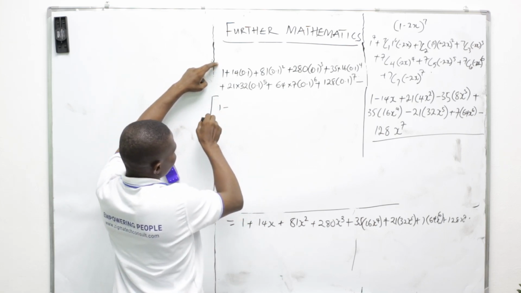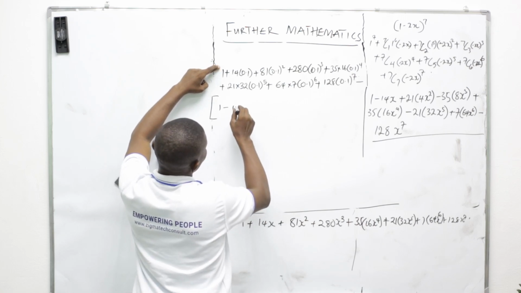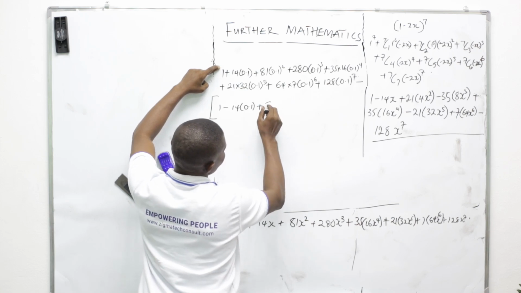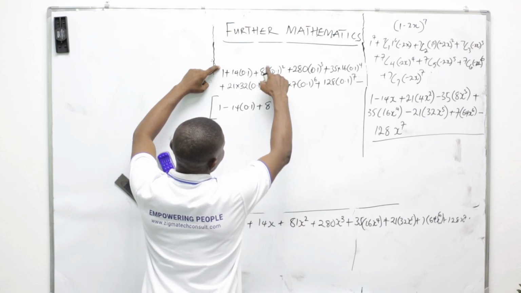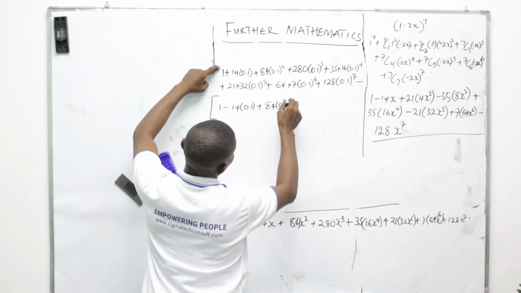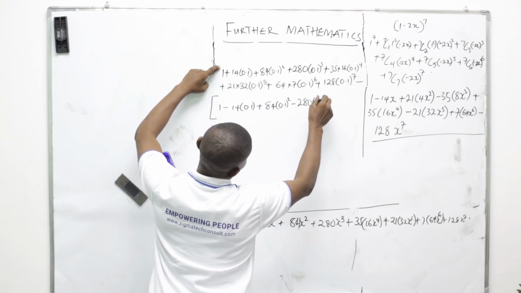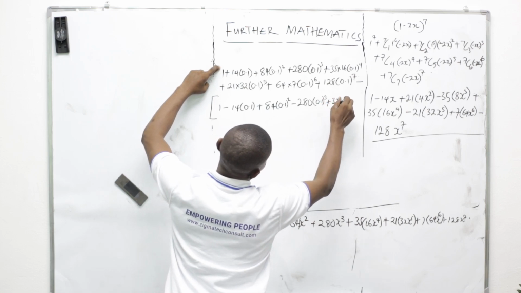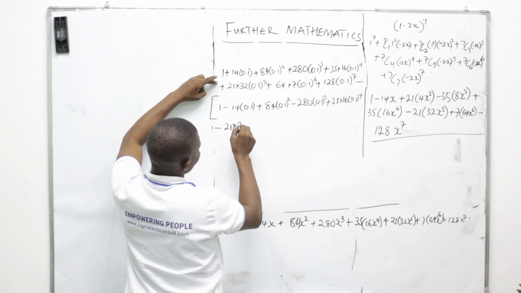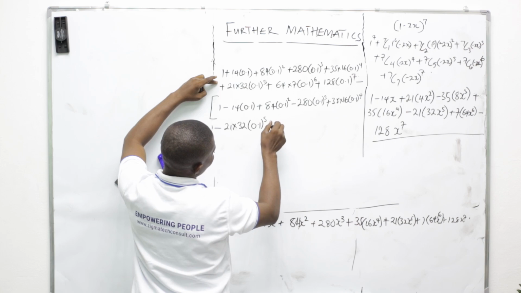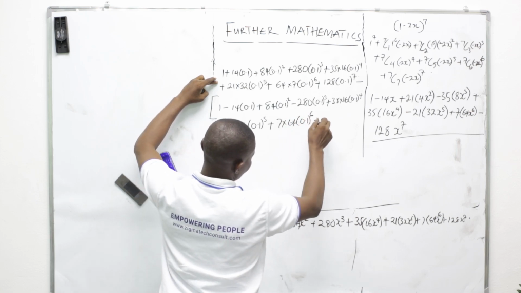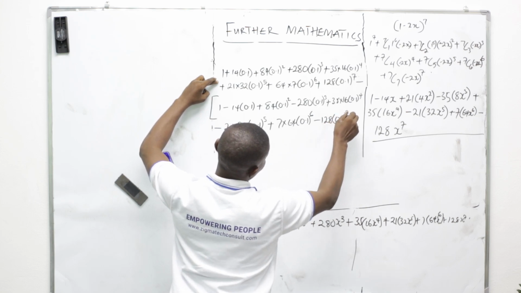1 minus, I put brackets to differentiate, 1 minus 14 into 0.1 plus 21 into 4 here, 84, sorry, 84 into 0.1 all squared, minus 280 into 0.1 all cubed, plus 35 times 16 times 0.1 to the power 4, minus 21 times 32 times 0.1 to the power 5, plus 7 times 64 times 0.1 to the power 6, minus 128 times 0.1 to the power 7.